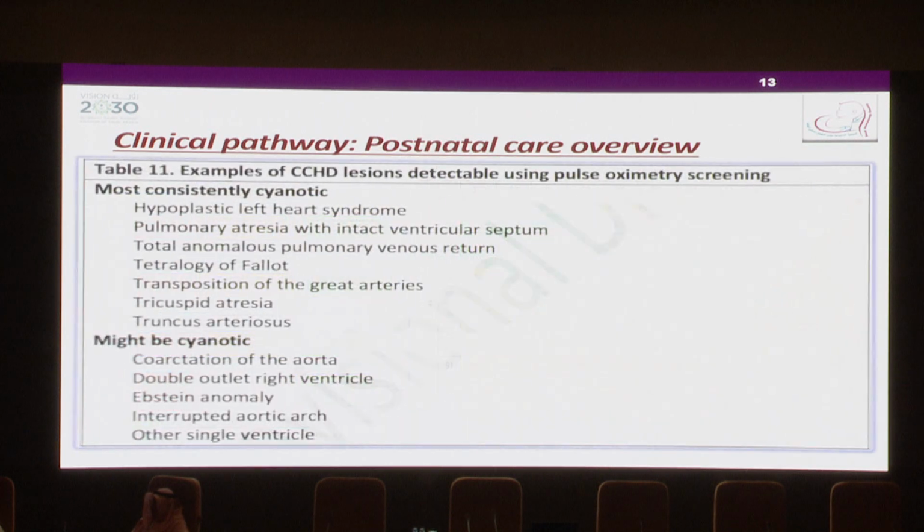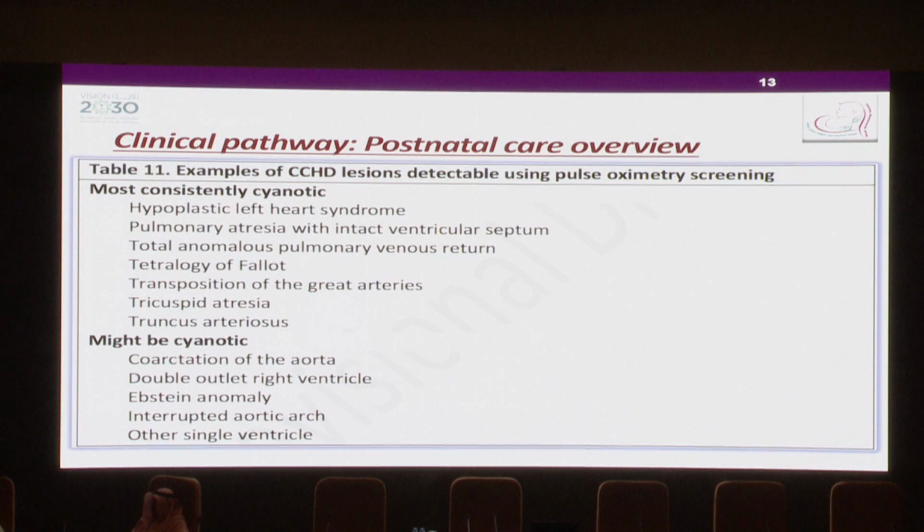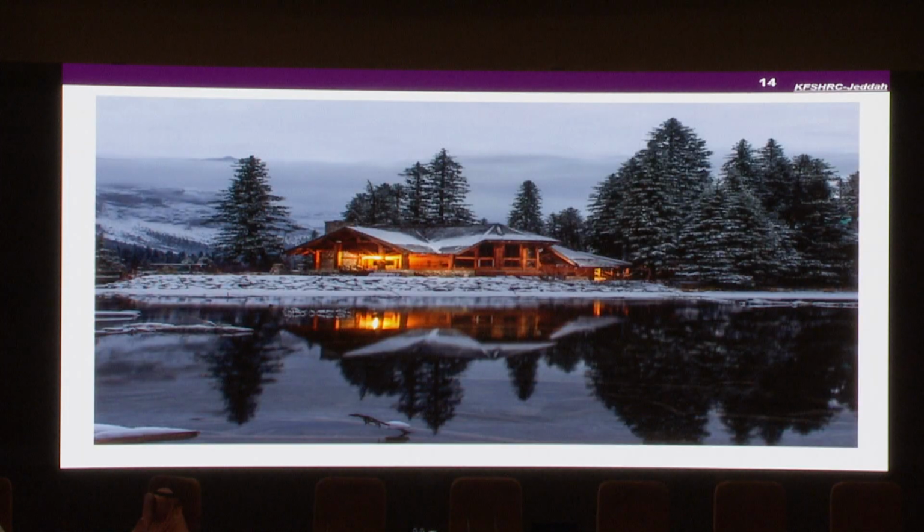We even include for them the critical congenital heart disease lesions, and what could be a heart lesion that requires immediate intervention, in order to help those physicians and caregivers detect the problem.